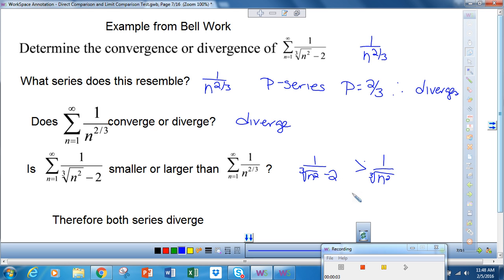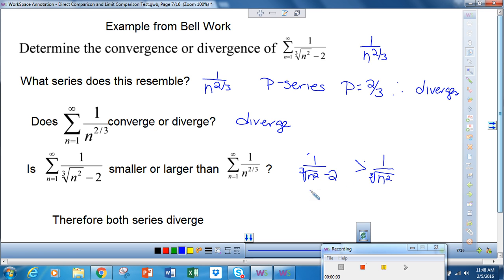Once again, because I'm subtracting 2, it's going to make the denominator smaller and the whole thing larger. But let's just look at it algebraically for a second.